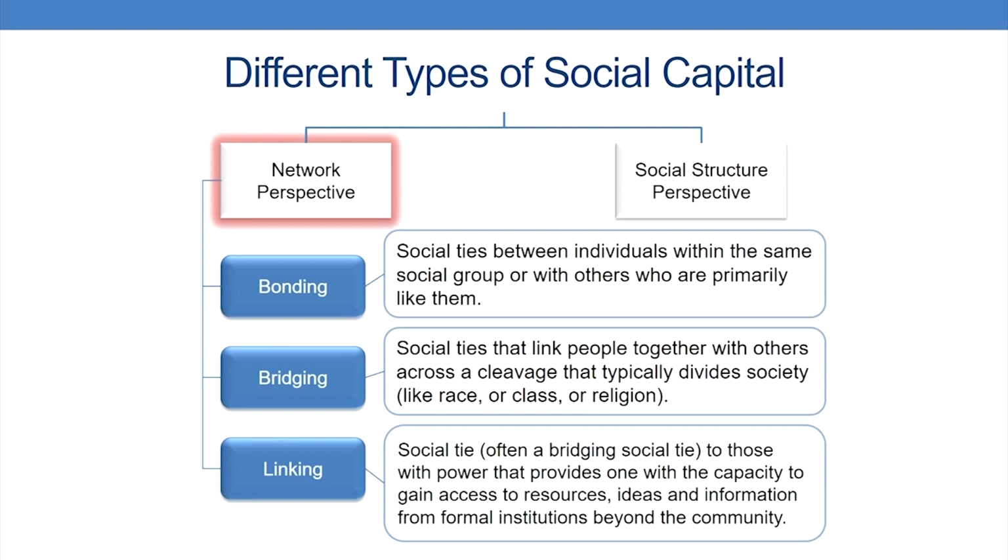The network perspective also focuses on linking, which is a social tie, often a bridging social tie, to those with power that provides one with the capacity to gain access to resources, ideas and information from formal institutions beyond the community.